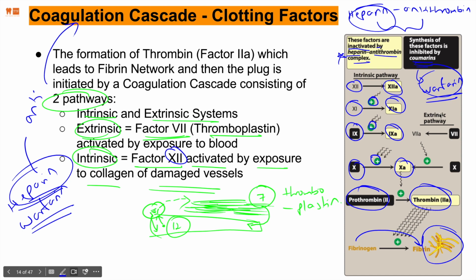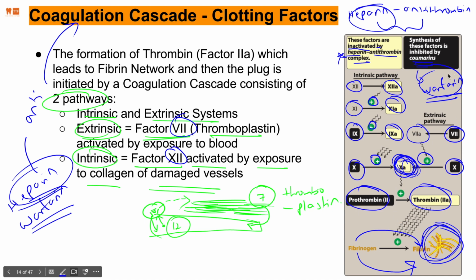Now, extrinsic pathway. Remember factor number 7 gets activated to 7A, which is thromboplastin, which then activates number 10 again to 10A. And 10A converts prothrombin into thrombin, inactivated into activated, which then converts fibrinogen to fibrin, and again, we have a clot.